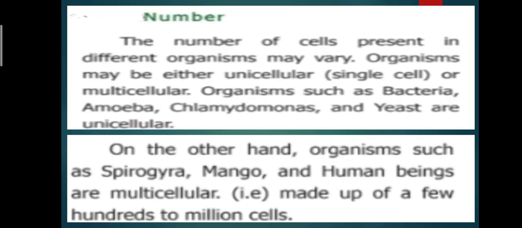Even an organism that has billions of cells happens to begin its life with a single cell, that is a fertilized egg. This fertilized egg goes on to multiply, thereby increasing the number of cells as the development takes place.